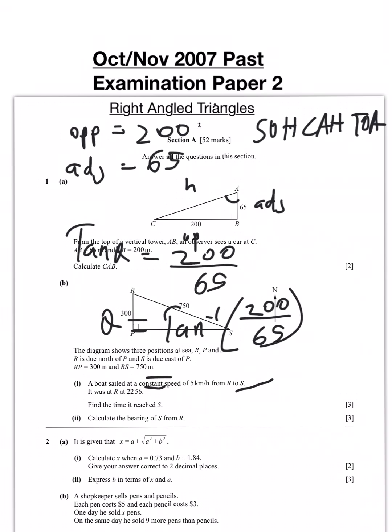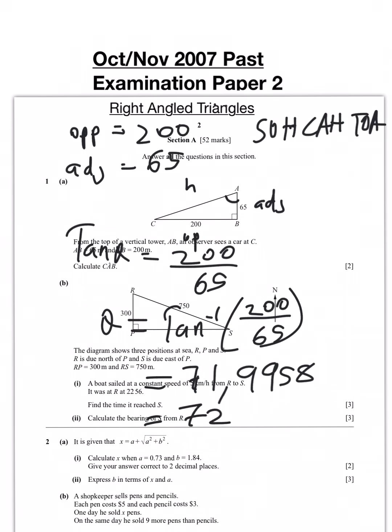Then we punch it into our calculator. When we punch in our calculator, we get 71.9958, which goes to 72.